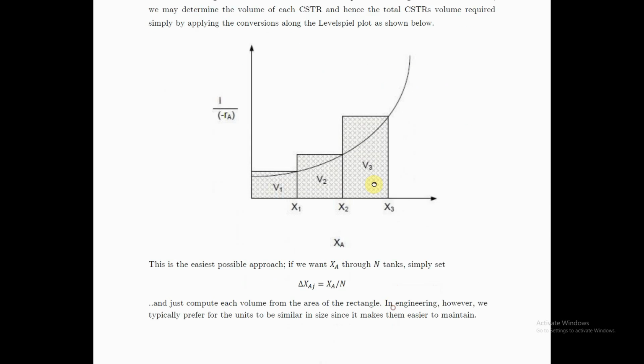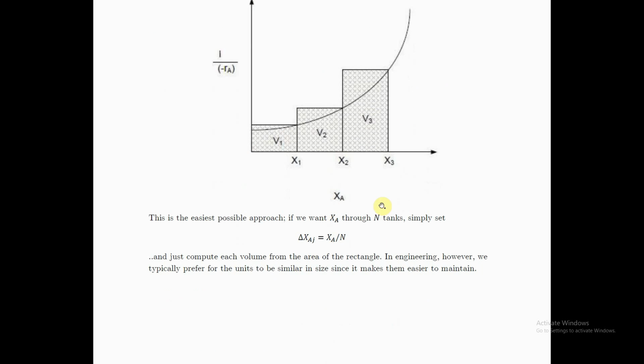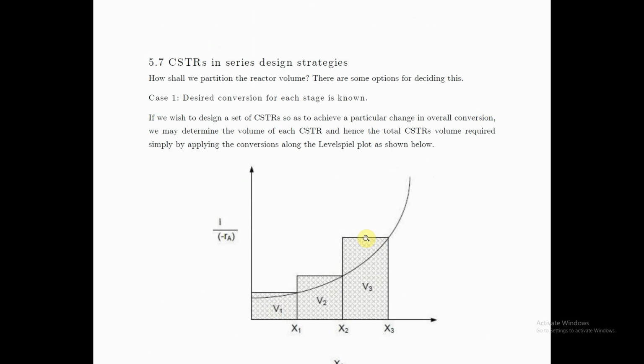All right, so those are the things to think about, and we do have to then optimize the number. So N here, the number of CSTRs that we use. We do have to choose that carefully, and really it's a matter of then optimizing the cost of setting up this train of reactors. So we will find an optimal number.